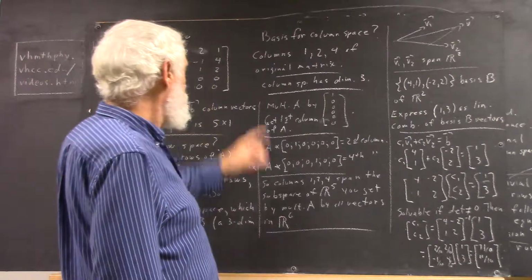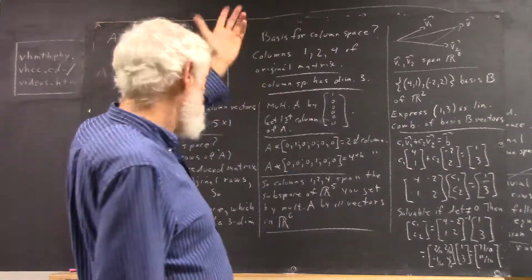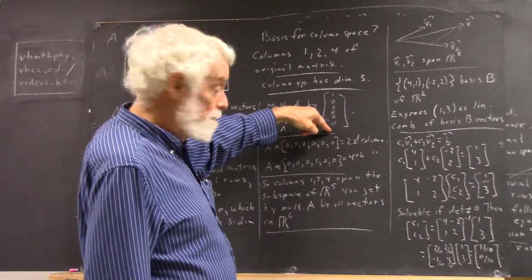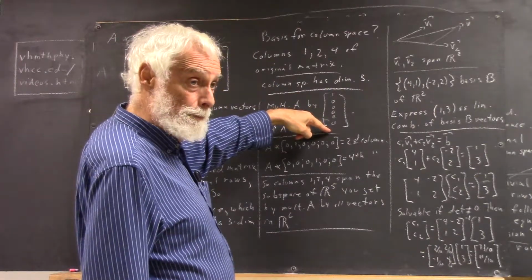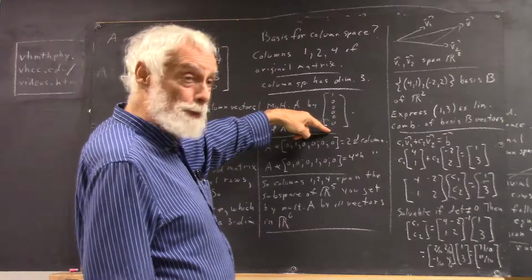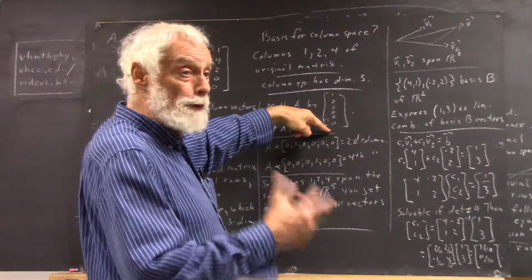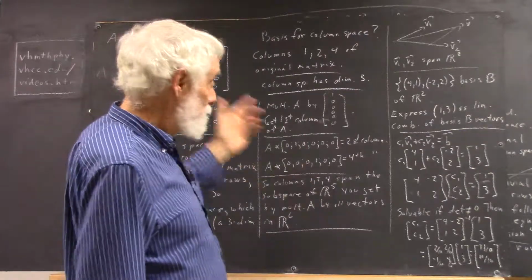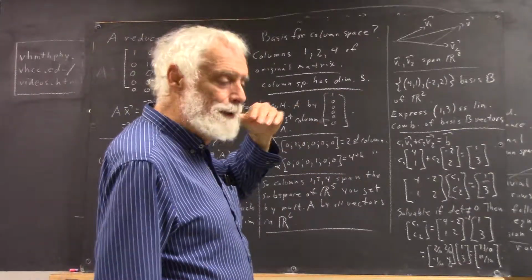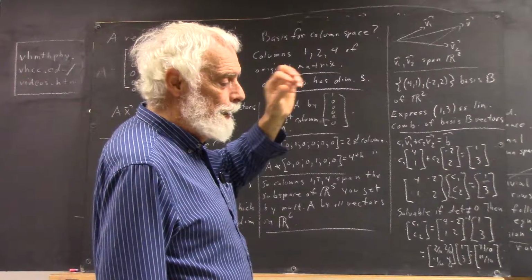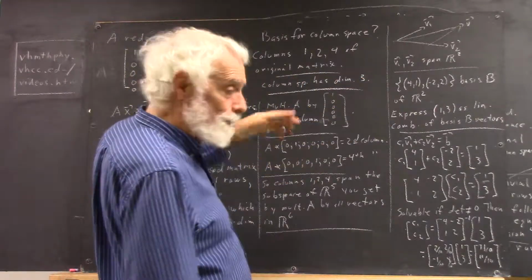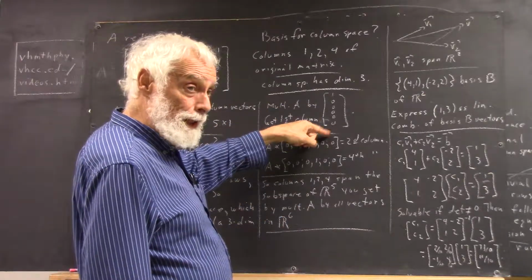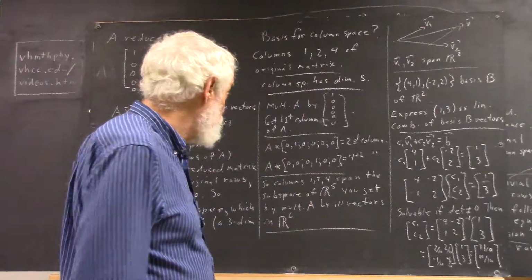Okay, well, why is the column space important? Well, if we multiply A by this column vector, what do we get? Well, somebody said it, we get the first column. You can verify that. Take any M by 6 matrix with rows 6 elements long, and multiply by this, and you're going to get the first column of that matrix.